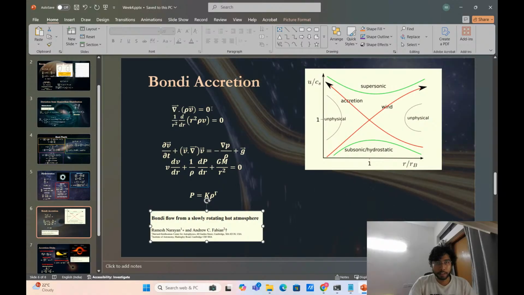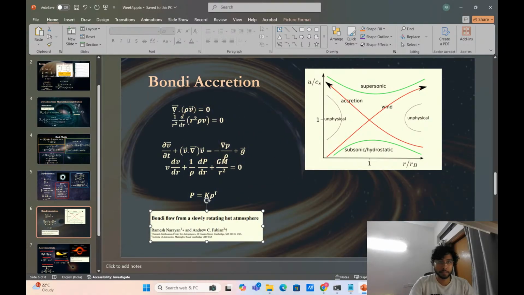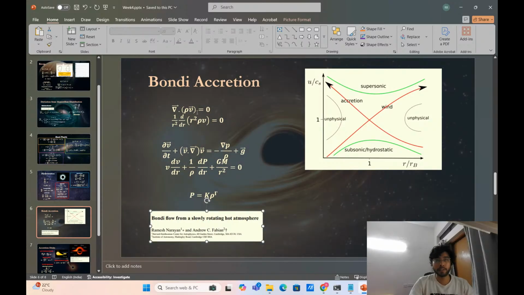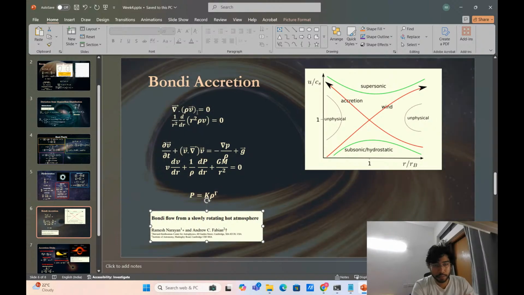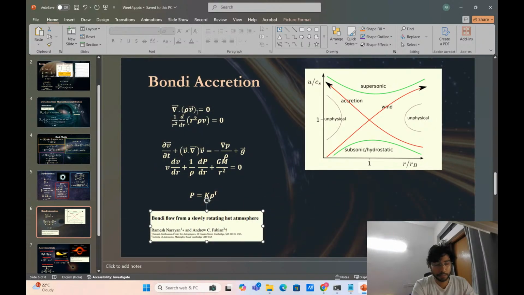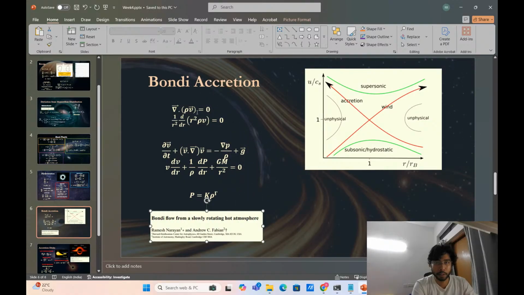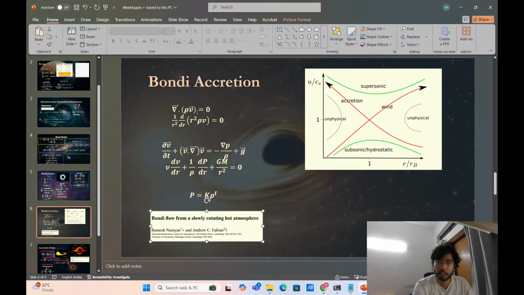We will take the continuity equation and we are again doing it all in steady state. So all the del t is zero. But in this case, the velocity is not zero because you see Bondi accretion. Let me just tell first what the definition of Bondi accretion is. This was first discovered by a person named Bondi in I think 1960 or sometime around that.